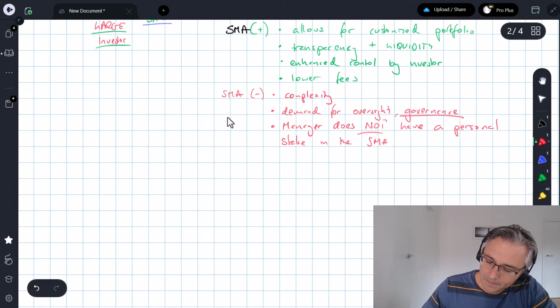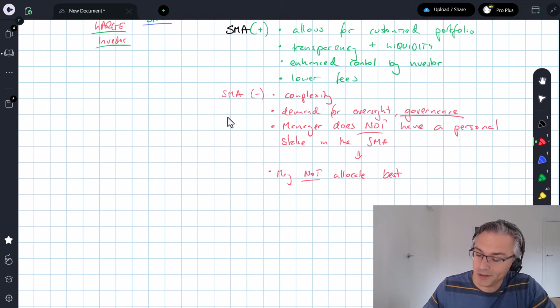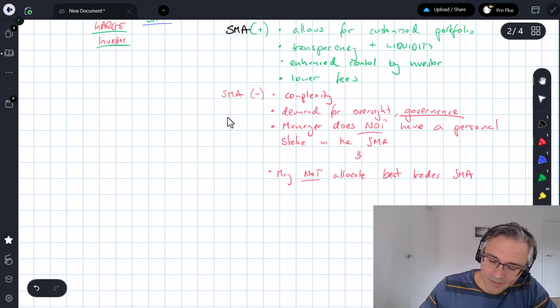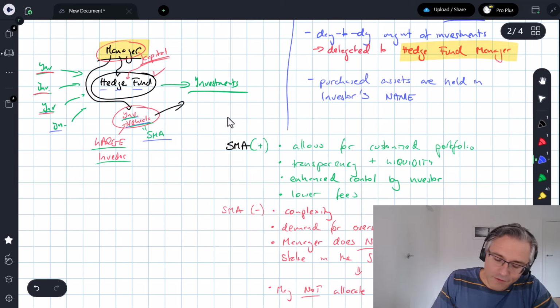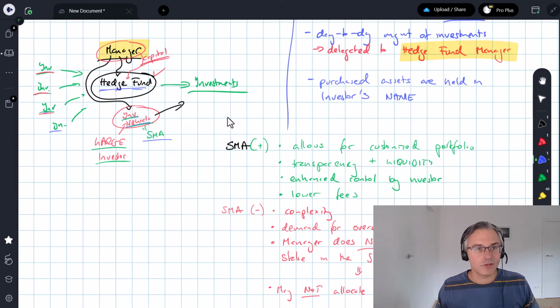They may, that's the manager may, not allocate the best trades, the most promising ones, to that SMA. Instead, wishing to favor the hedge fund, that typical classic structure where they have a personal investment as well.